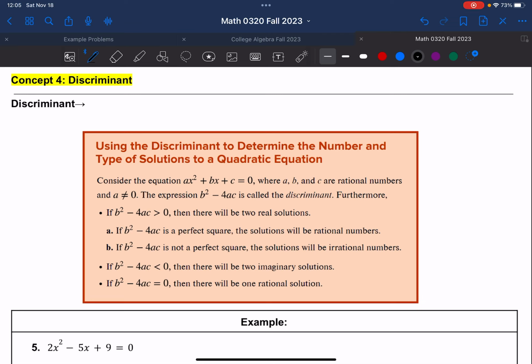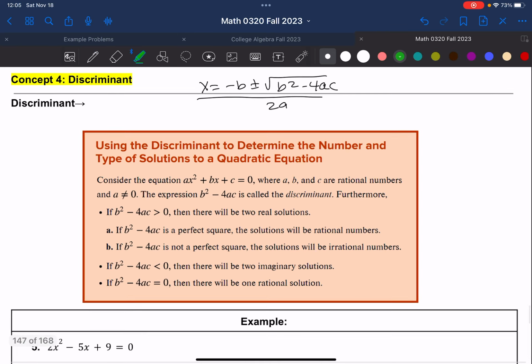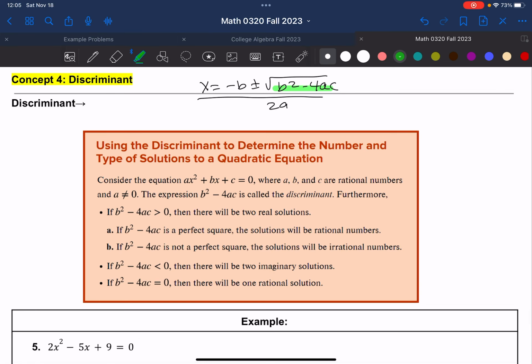So if we had the equation x is equal to negative b plus or minus the square root of b squared minus 4ac over 2a, the discriminant is just this part, b squared minus 4ac. And the reason why this discriminant is important is because it can help us determine the number and type of solutions to the quadratic equation.